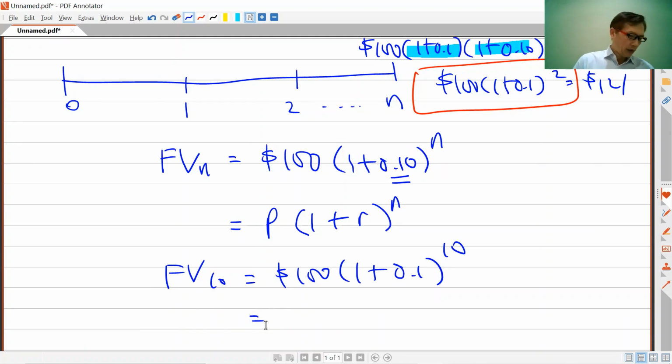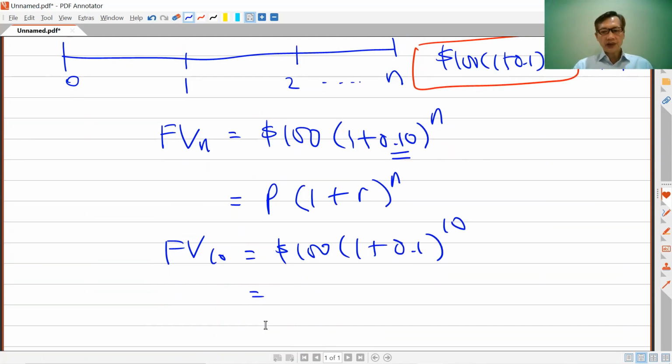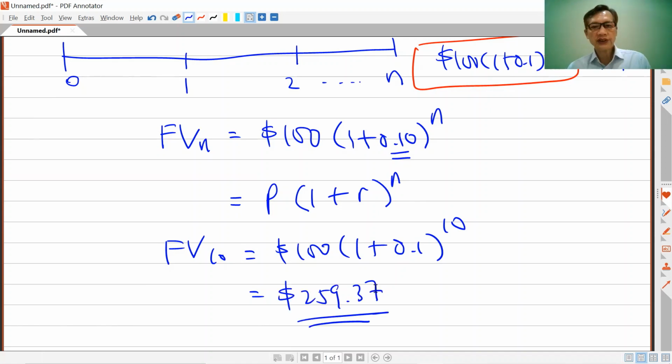And if you press a calculator, you should have this figure here. Notice that this is more than double. We would normally think that if you give me $10 interest, after 10 years, I should have $100 interest plus my initial 100. I should have around 200. Now you notice that it is close to $260.